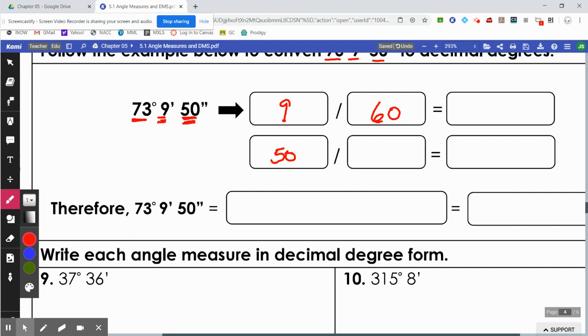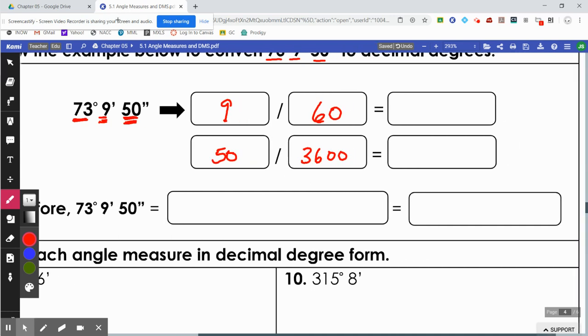Since there are 3,600 seconds in a degree, that would be 50/3600ths of another degree. So you have 73 full degrees, 9/60ths of another degree, 50/3600ths of another degree. Let's change both of those to decimals, and there's what you get.